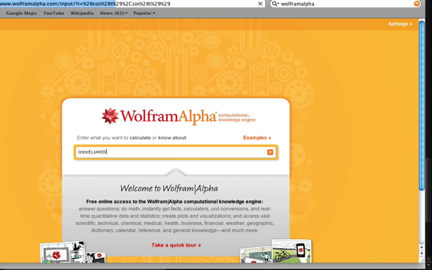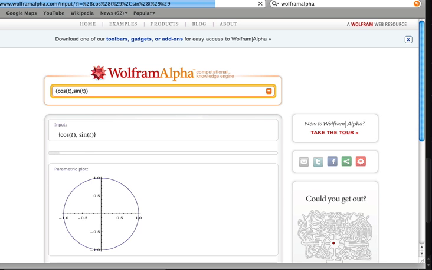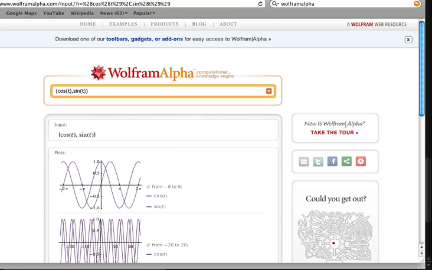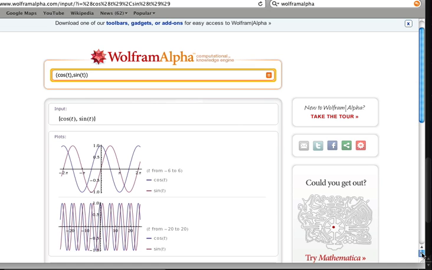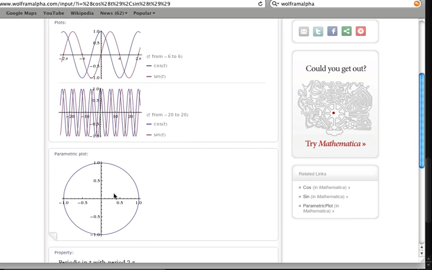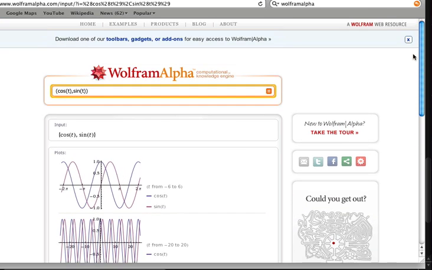So if you put them both in parentheses, it'll give you the graph of both, sine, cosine, and then it gives it to you a little bit bigger, and then it gives you the parametric plot. But if you say you only want the parametric plot, then it'll just give you the parametric plot.